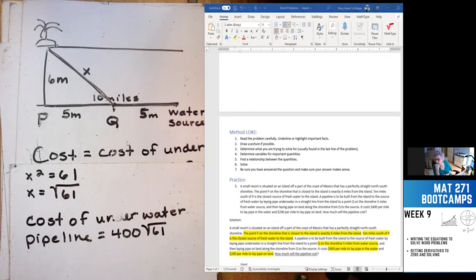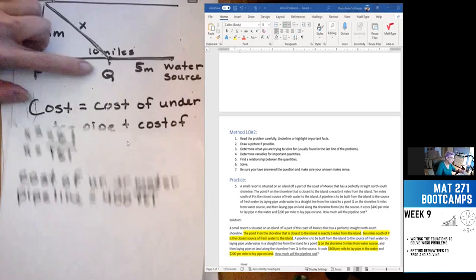Yes, Pythagorean, exactly. So you said you'll have to figure out where Q is. How do you figure out where Q is? Yeah.